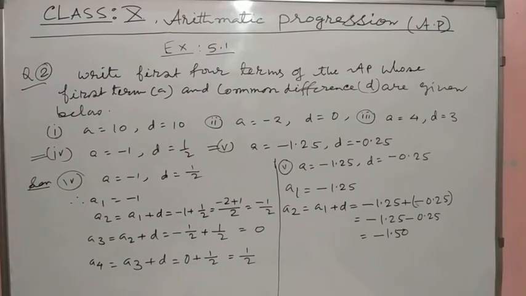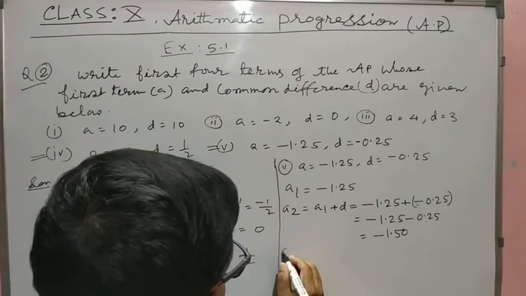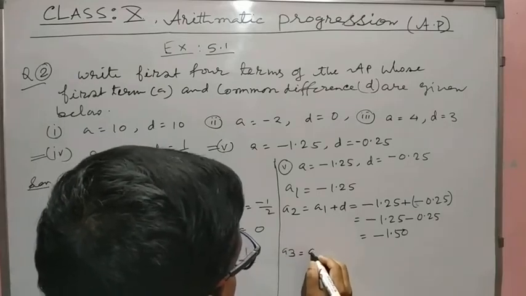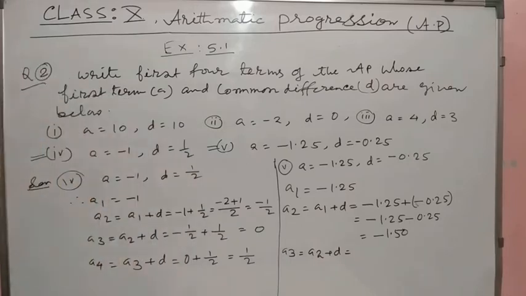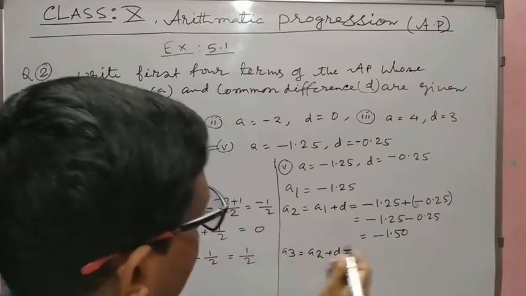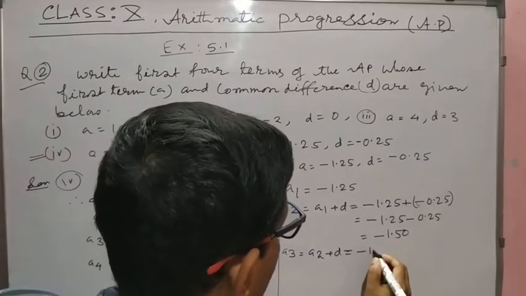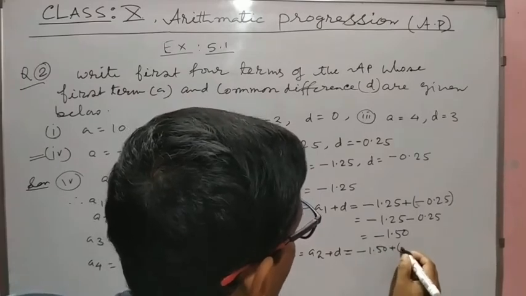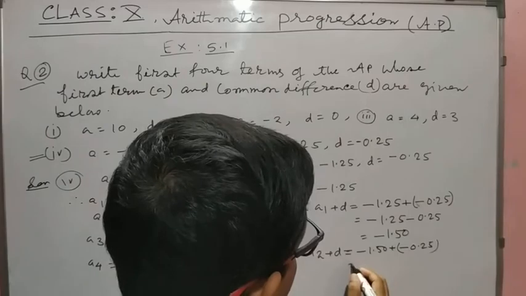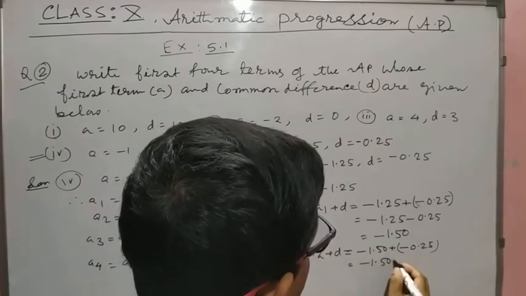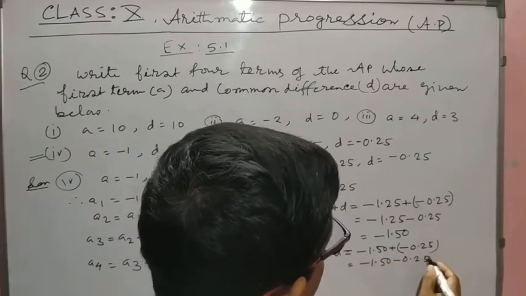Now third term equal to second term plus common difference. Second term is what? Minus 1.50. Common difference is minus 0.25. So it will be minus 1.50 minus 0.25.